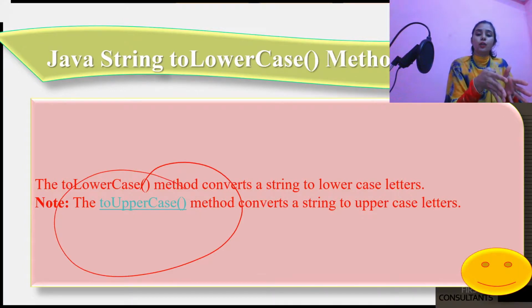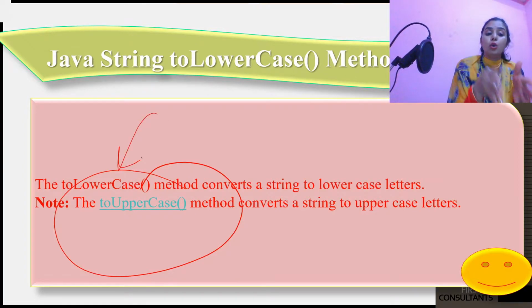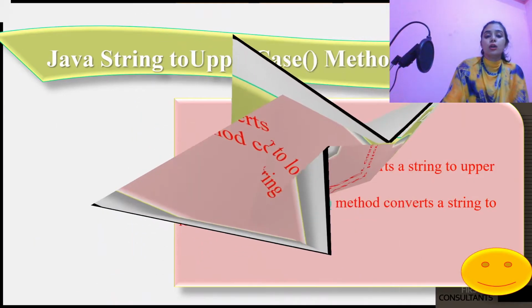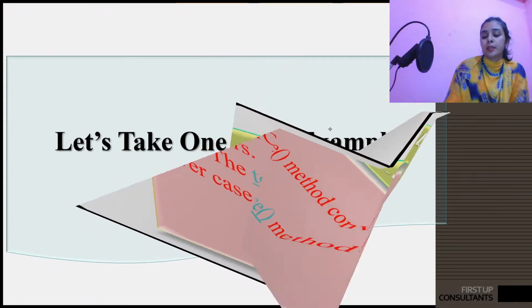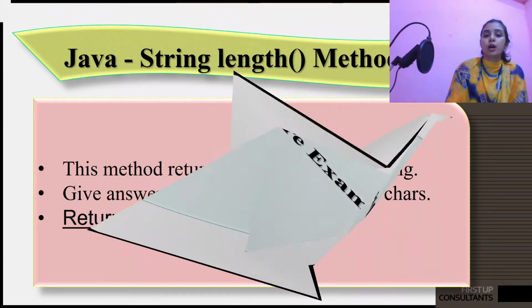When we use the lowercase function we convert a string into lowercase, and with the uppercase function we convert a particular string into uppercase letters. We will do the practical of both of these.